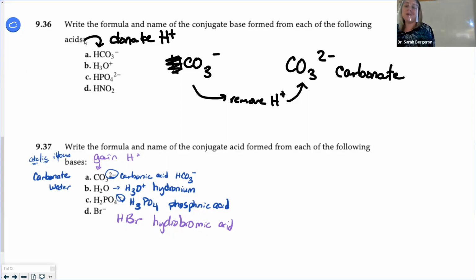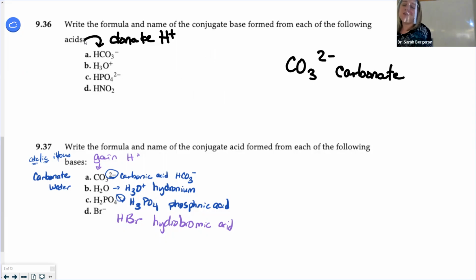Okay, so I'm going to erase some of this to make room. I'm not going to erase the answer. I'm just going to erase some of this because this was A, right? B in blue. So water, when it picks up a proton, becomes H3O plus.